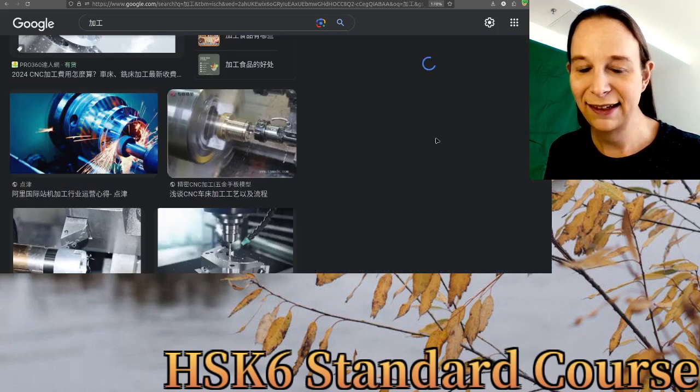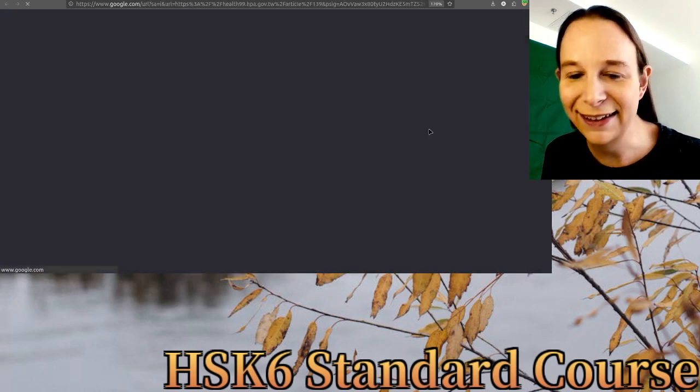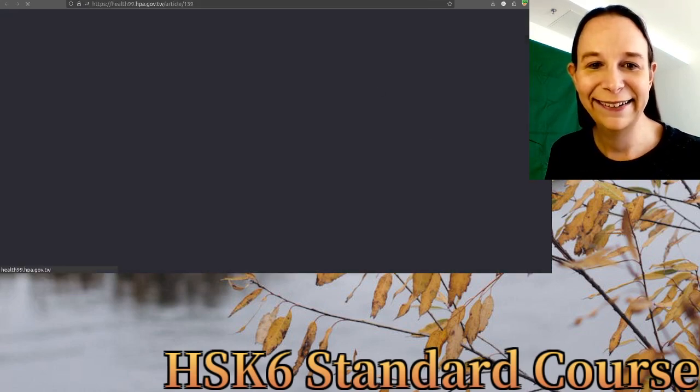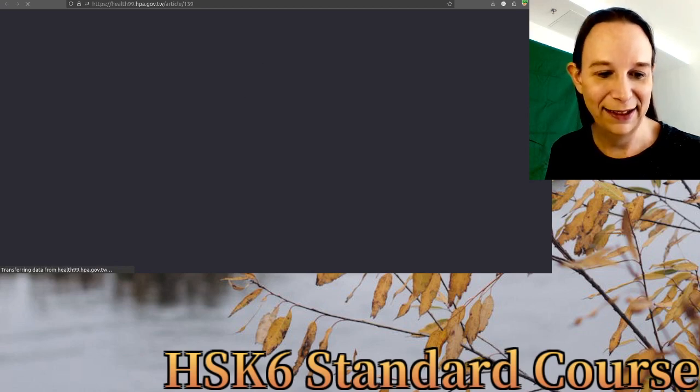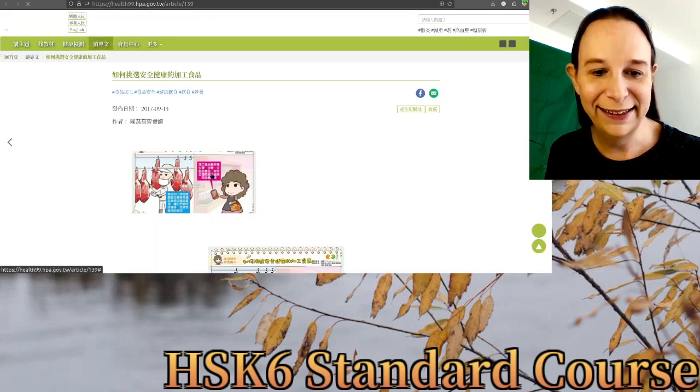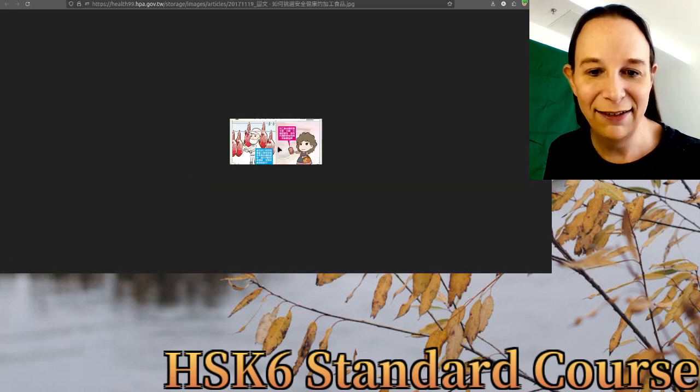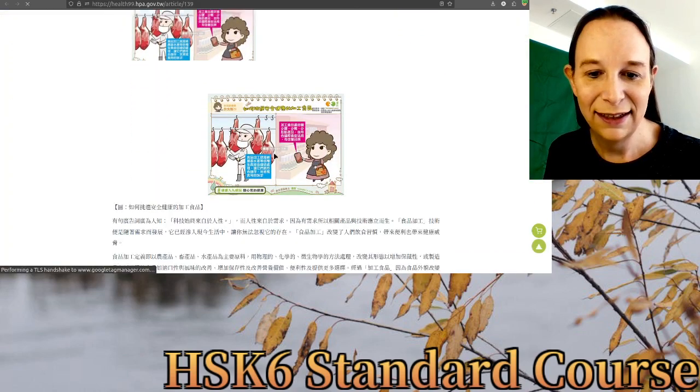What is this? Is this a cartoon? I'm kind of curious as to what it says. Is it funny? Oh, maybe it's not funny. Maybe it's like about hygiene or something. It's Taiwanese, so I don't know. Oh, it's too small. Oh, there's a bigger one.